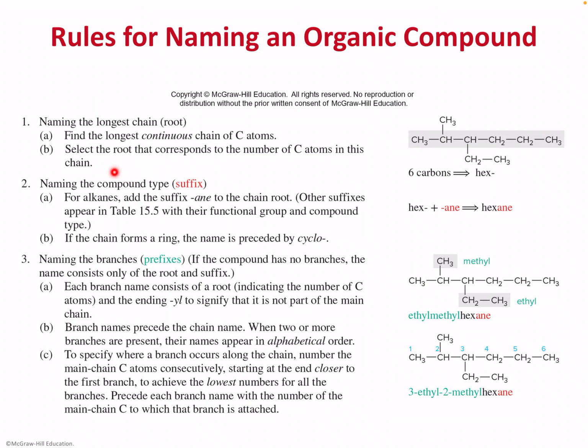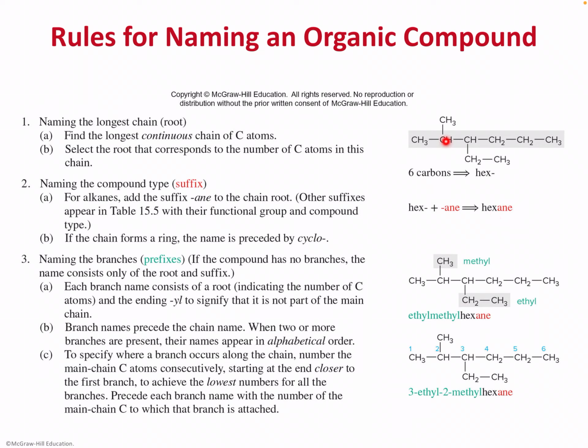Select the root, we did that, and then name the compound type, which is the suffix. For alkanes, add the suffix "ane" to the chain root. Other suffixes appear in table 15.5 with their functional group and compound type. If the chain forms a ring, the name is preceded by cyclo. If it is a cyclic compound, we would say cyclohexane. Since it's not a ring, we just say hexane.